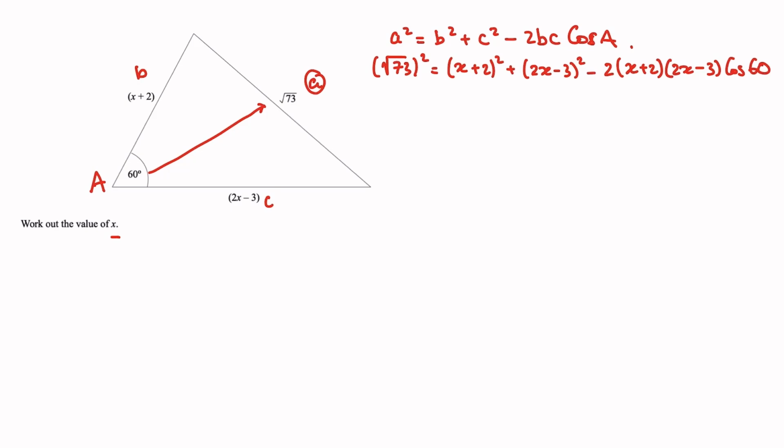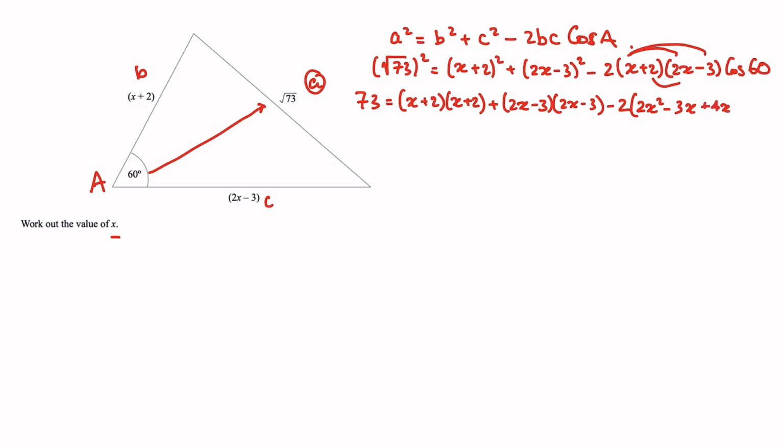So square root of 73 squared gives us simply 73, which is equivalent to x plus 2 squared plus 2x minus 3 squared, minus 2, and then we can expand this here, so that becomes 2x squared minus 3x plus 4x minus 6.